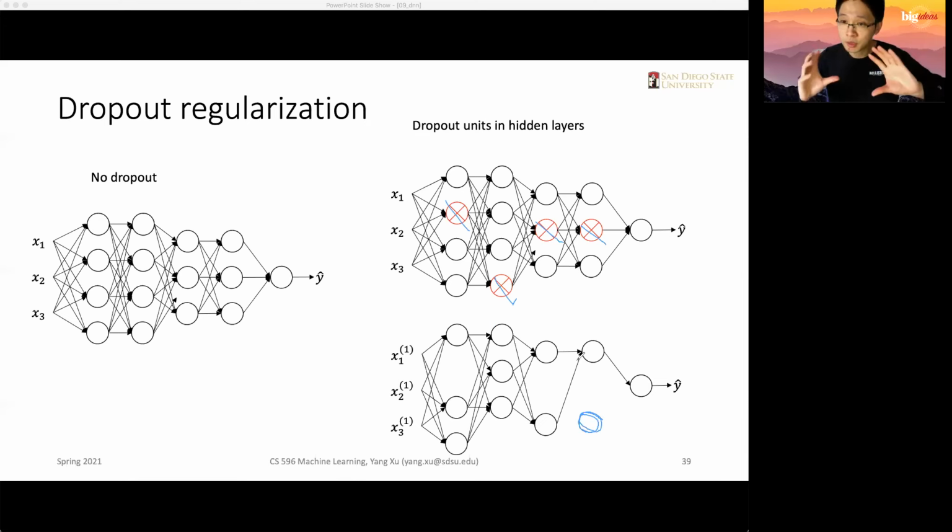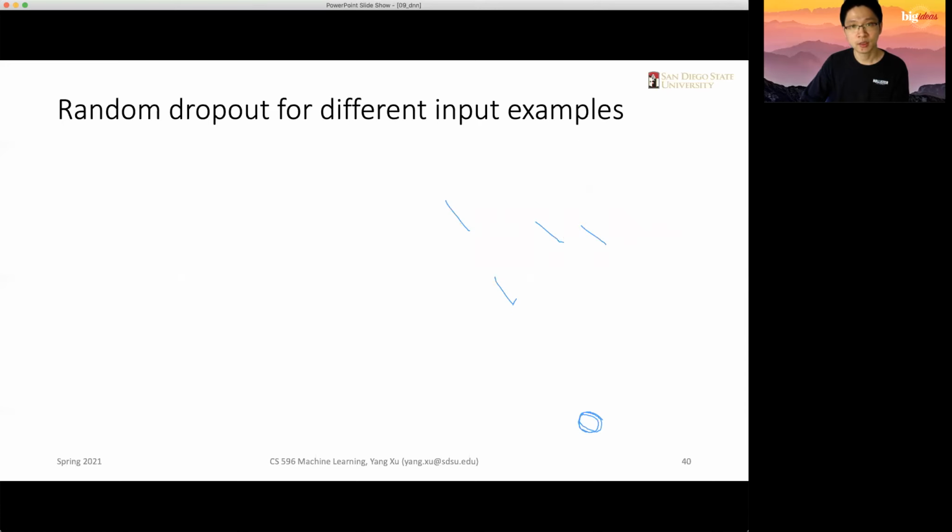So now the structure of the network becomes more irregular, because we randomly selected and deleted these neurons. So it's a messier network we get. And this seemingly simple operation on the network makes a huge difference in the training results.